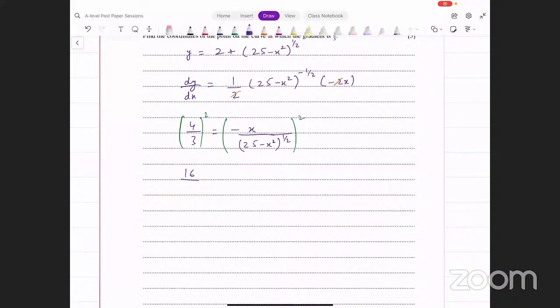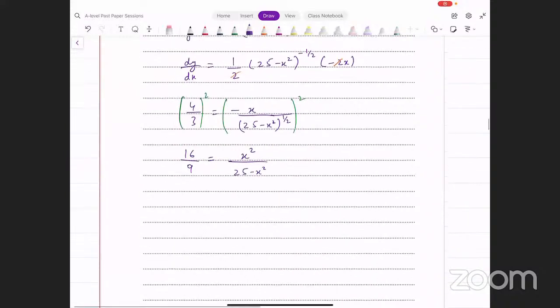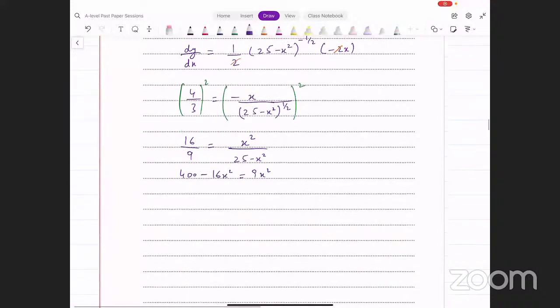What do we get from this? 16 over 9 equals x square. Remember, the minus sign disappears after squaring. In the denominator we have 25 minus x square. Let's cross multiply. 16 into 25 is 400. 400 minus 16x squared equals 9x squared.